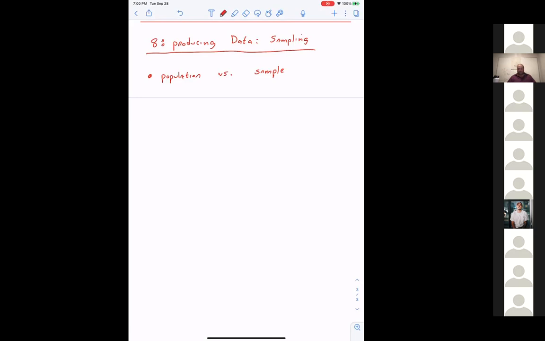Usually, it's not cost effective to interview or ascertain from every single individual their contribution to the overall data set. For example, if I want the average height of every CSUN student, there's something like 40,000 CSUN students, right? Somewhere in that vicinity.